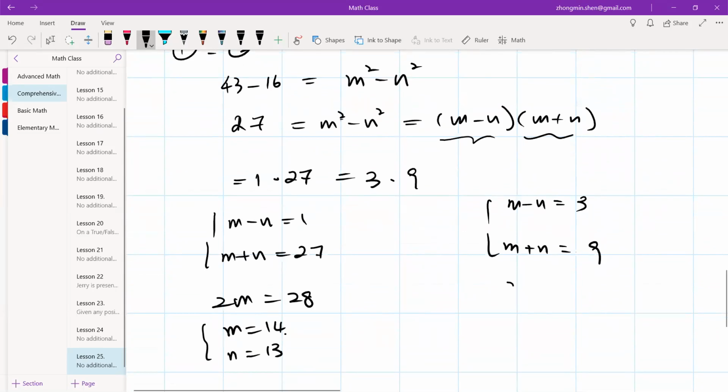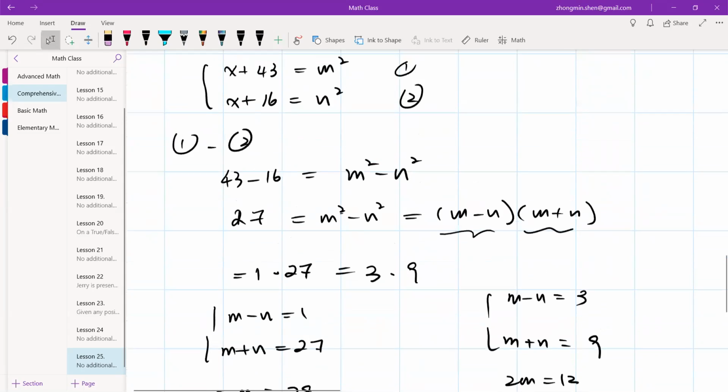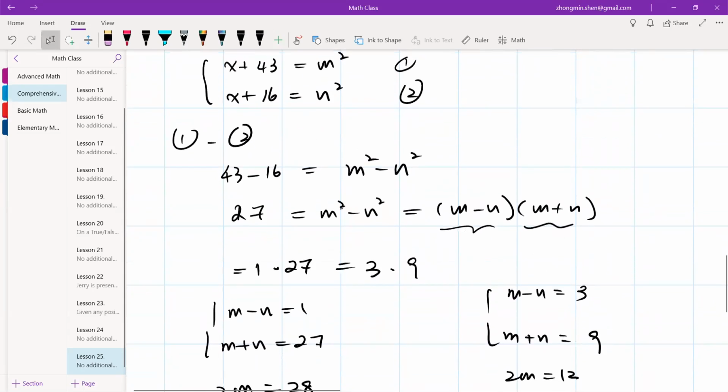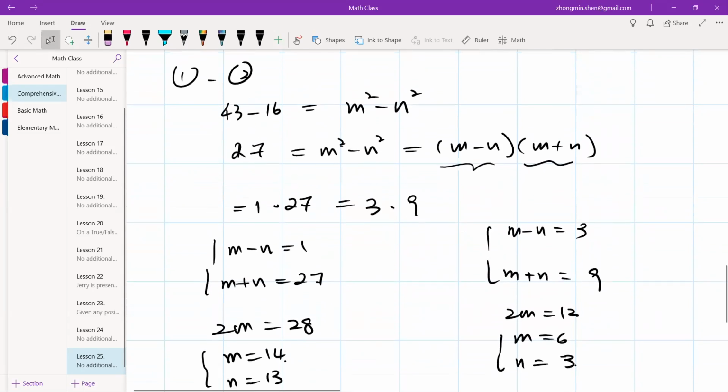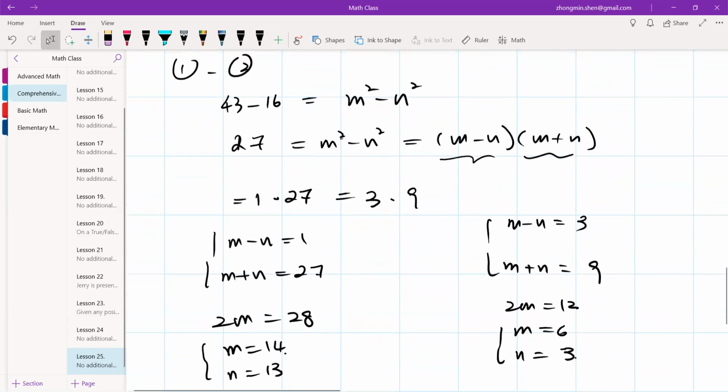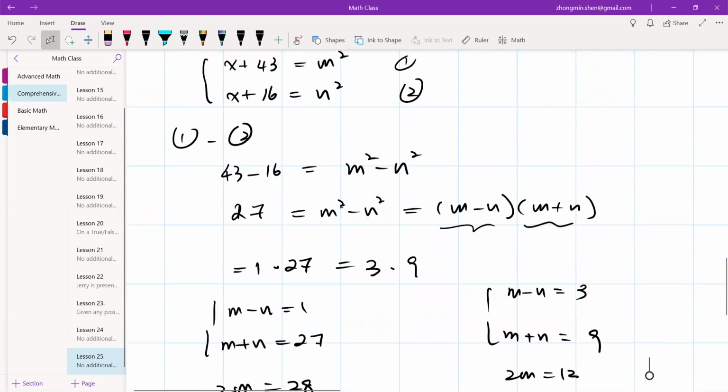And here, if you add them together, 2m equals 12, m equals 6, n equals 3. So it looks like you're going to have positive solutions, but you have to go back to the above equation. Now look at the n squared.